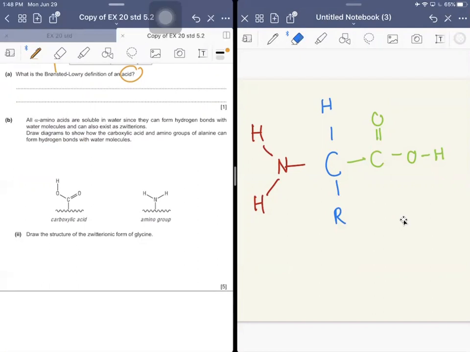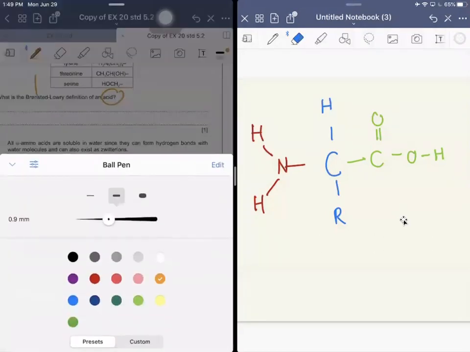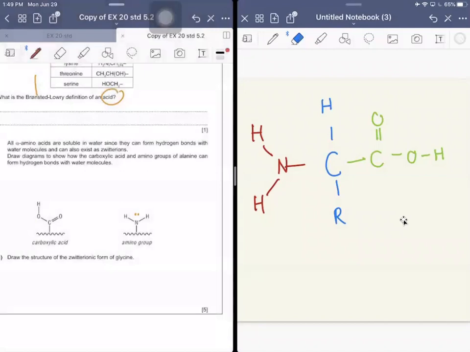First one, the easiest one is the amino group because it has a lone pair. So when you have water, obviously this nitrogen is already the negative part. So it's the positive part of water that attracts the lone pair.